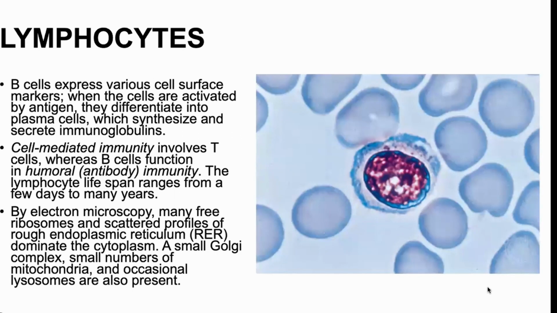B cells express different types of surface markers, just like the T cells. When the cells are activated by antigen, they differentiate into plasma cells. I think I mentioned this before to you guys: B cells become plasma cells at some point, and these plasma cells are what synthesize and secrete the immunoglobulin.